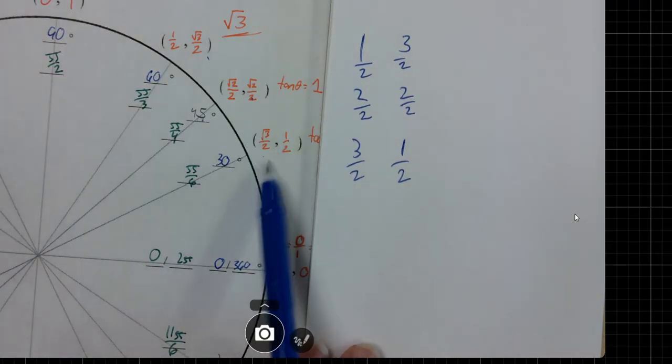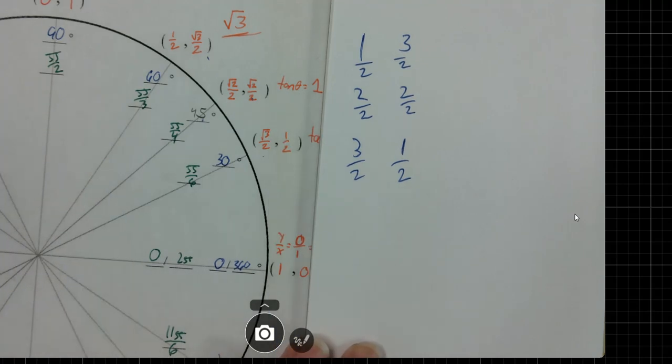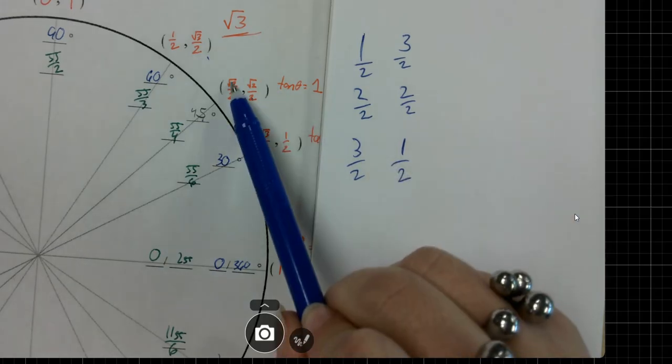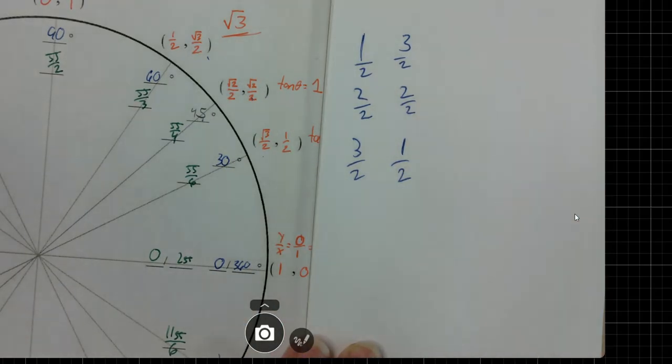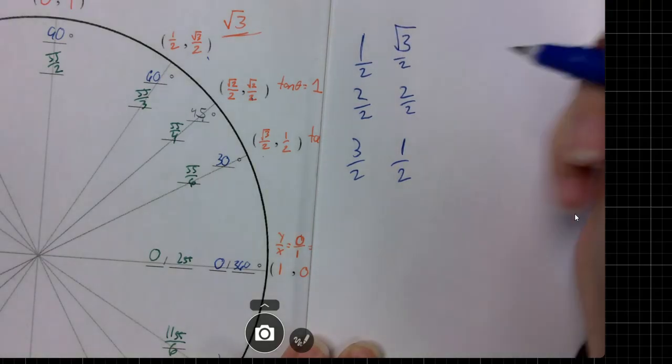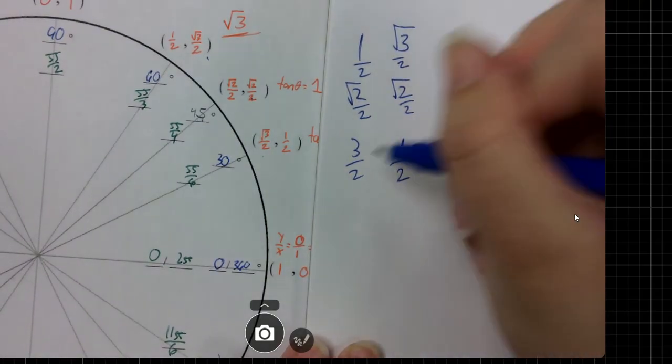Radicals in my numerator, they're only above what number? Wait, those are 2's. What about my 3? Well, they're still a radical. So there's a radical over my 2's and 3's.